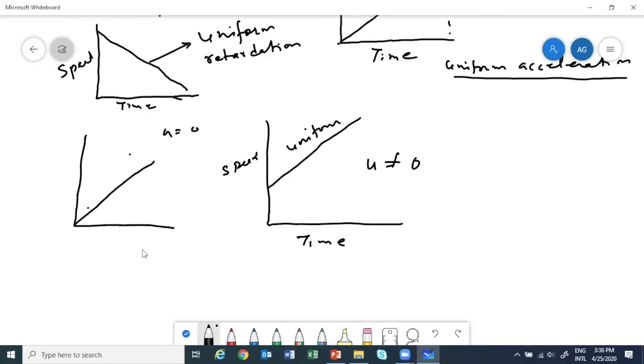And the same we can say, okay, here u is some speed, whatever the speed, but it is not zero. Any doubt on this?